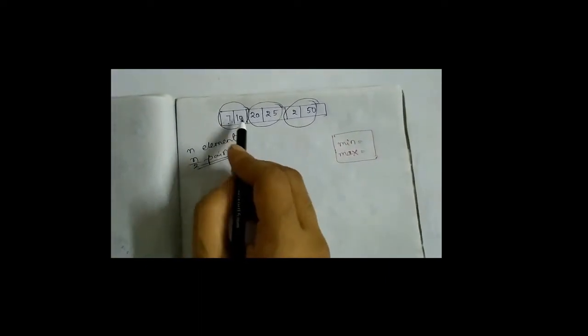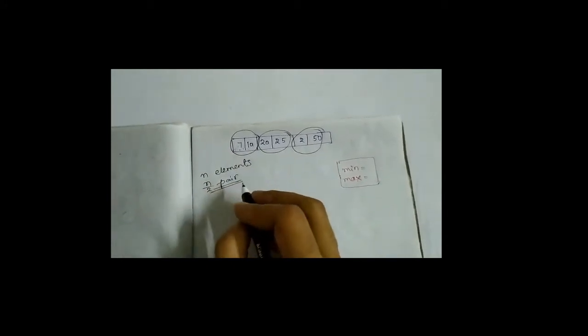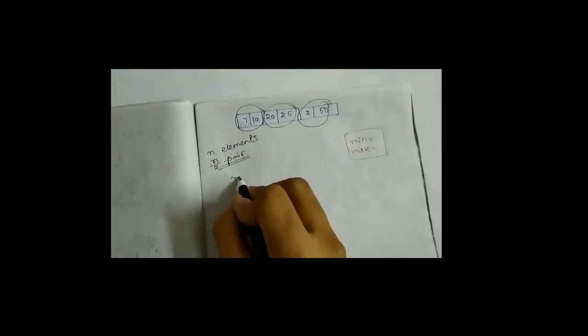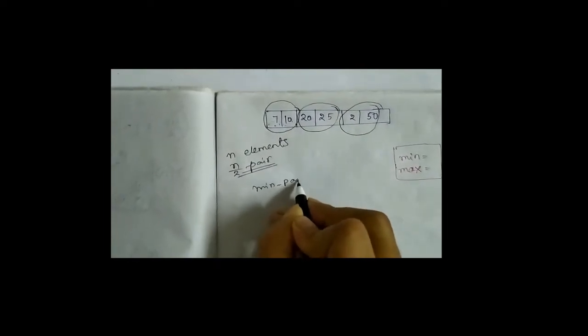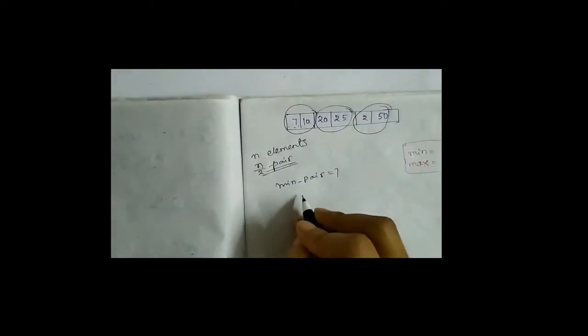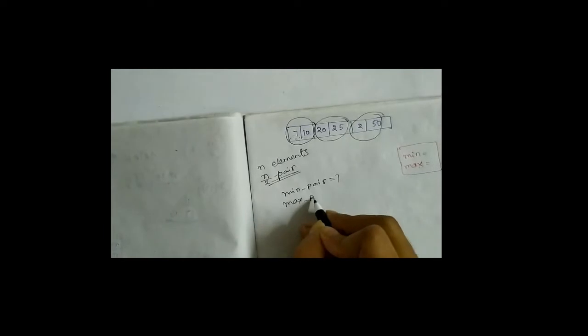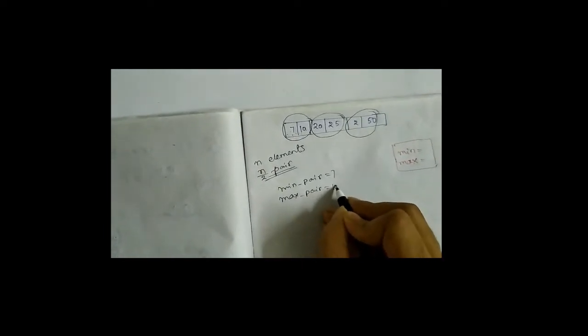So in the first pair, after one comparison, I can see that 7 is the minimum and 10 is the maximum of that pair.